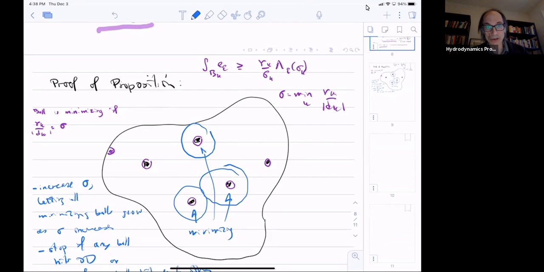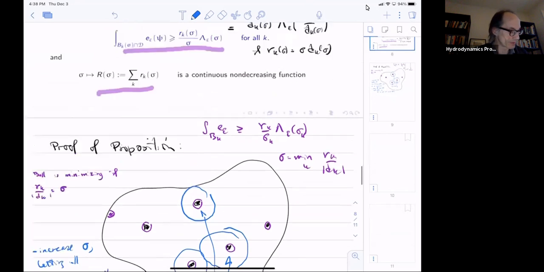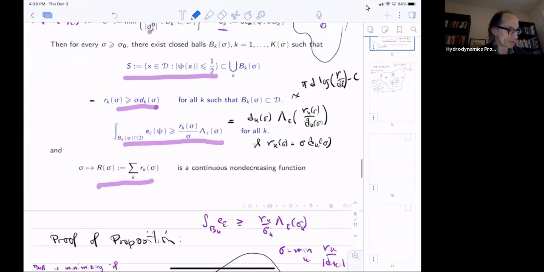And I want to argue that as I do this, as I described this growing ball, all of these properties are preserved. Certainly it'll still be true that I'm just growing things, and so they'll always contain the set S. This is true by fiat.